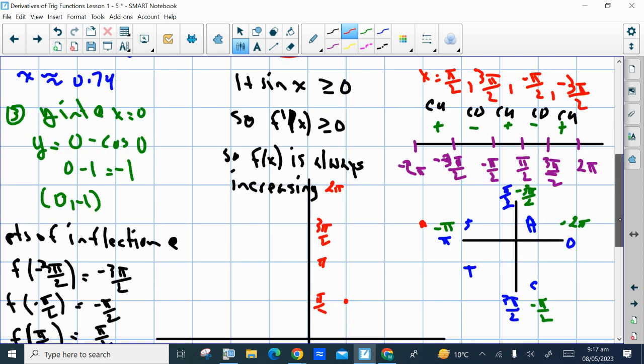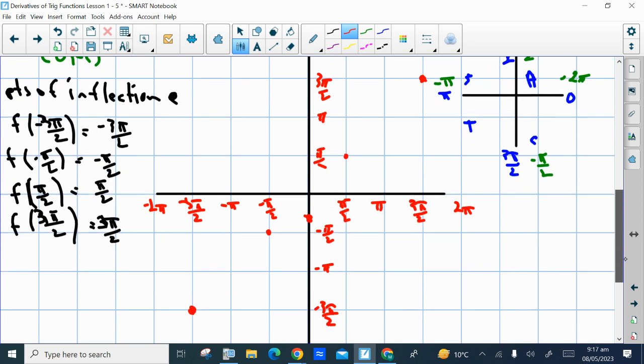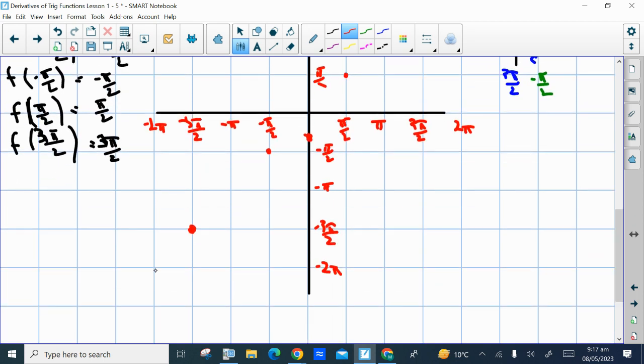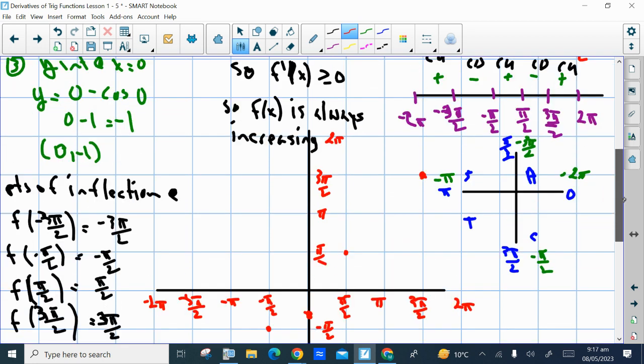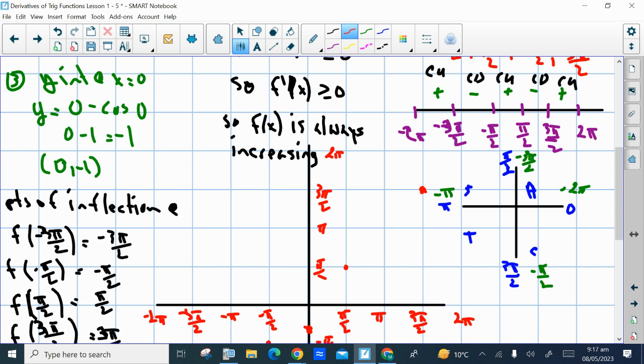So our minimum is at negative 2 pi, comma, negative 2 pi minus 1. So it's going to be down here somewhere. And then the maximum will be at 2 pi, comma, 2 pi minus 1. Approximately right there.